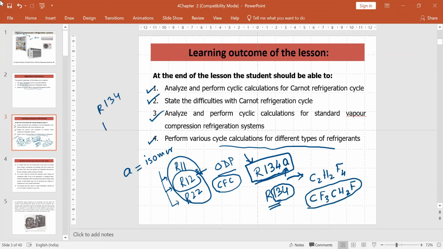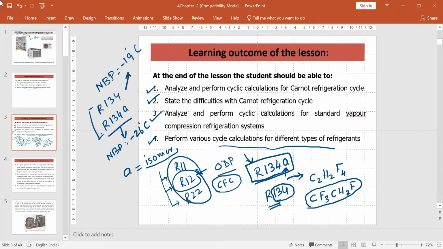R134 and R134a are two different compounds, but they have the same chemical formula. What is the meaning of isomer? Isomers have the same chemical formula but different physical properties. R134 has a normal boiling point of minus 19 degrees centigrade, but R134a has a normal boiling point of minus 26 degrees centigrade.